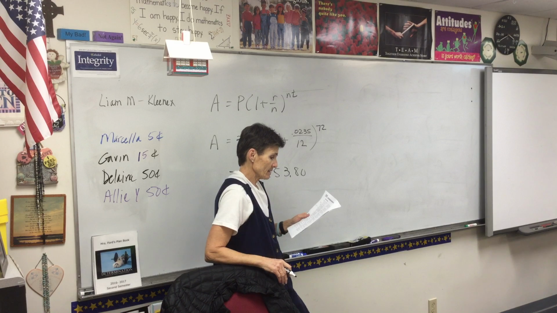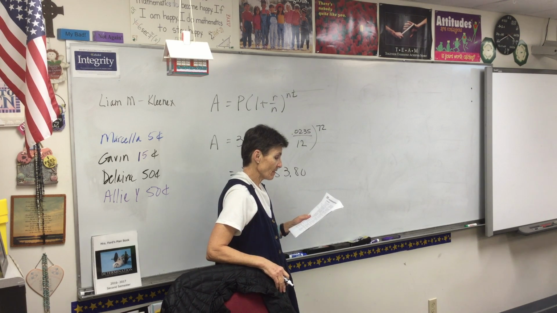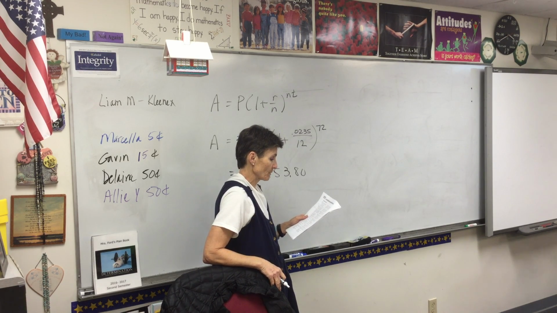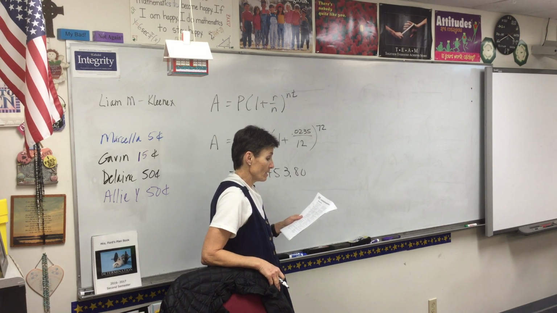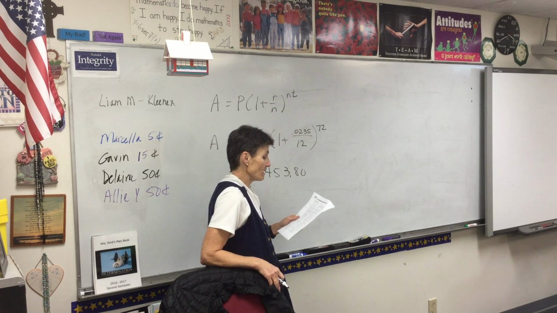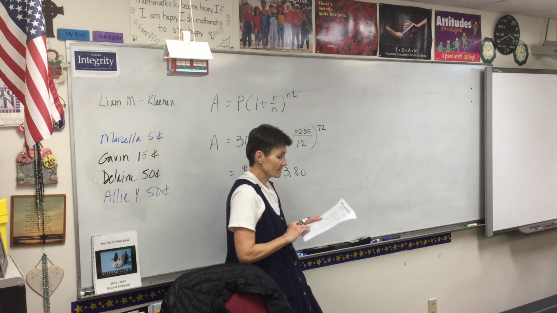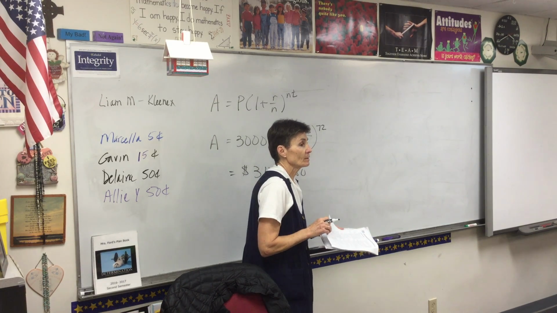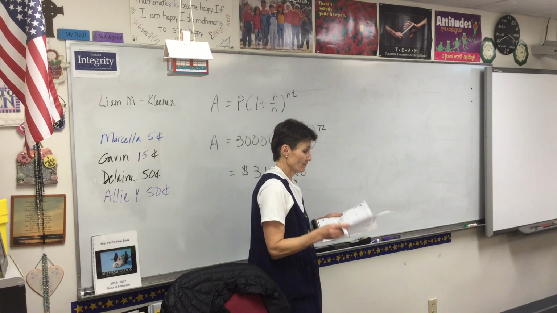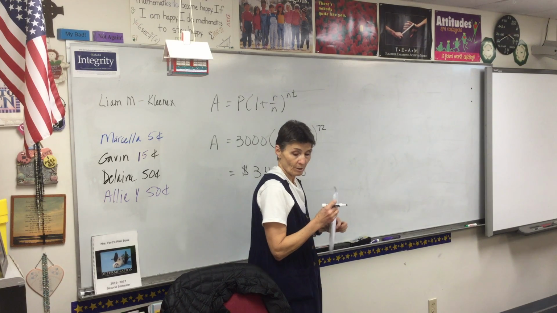Natalie, or whatever that is, borrows $6,500 for a motorcycle. The loan is for 5 years at 2.5% interest per year. Find how much Natalie's monthly payments are. Okay, so you've read the problem. You're looking at your note card.